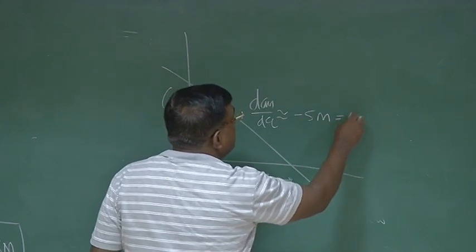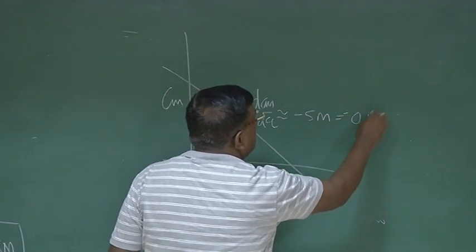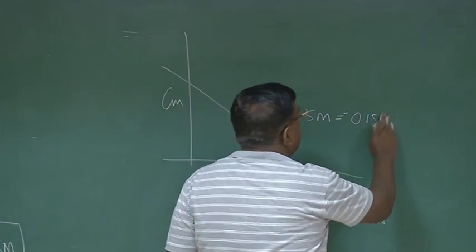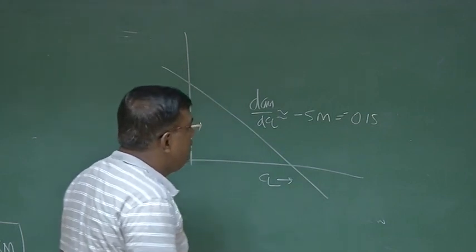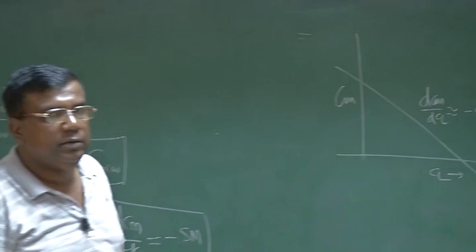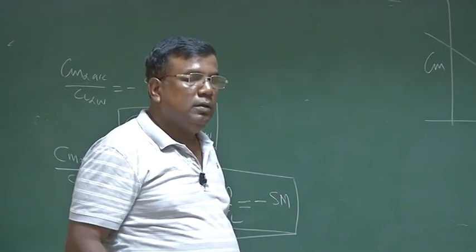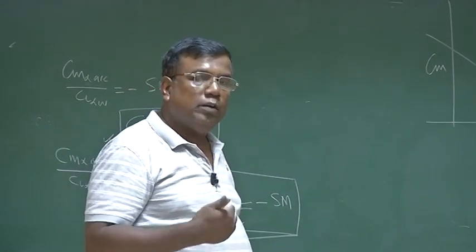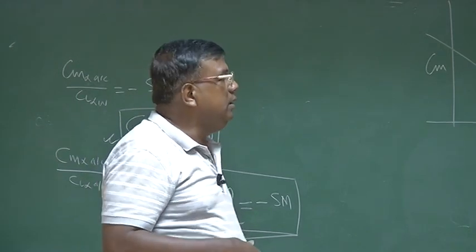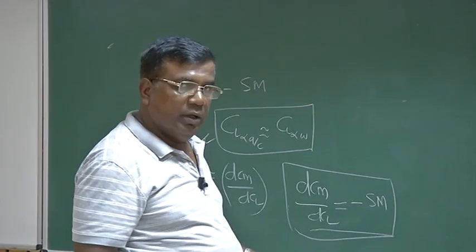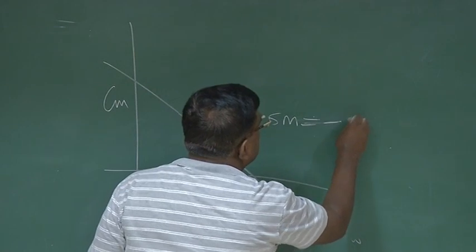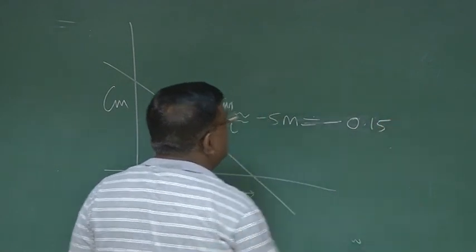If it is 15%, I write minus 0.15 C bar, or minus 0.15, that is 15% static margin, which, as far as distance is concerned, is 15% of the chord, the mean aerodynamic chord. This is the separation between the neutral point and the CG. CG is ahead of the neutral point, and it is statically stable. Okay? Right, this is minus 0.15.